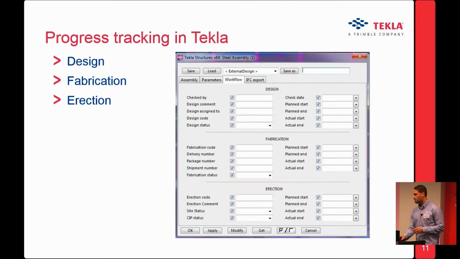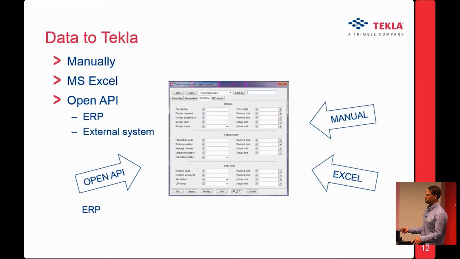And of course, how the data can be imported to Tekla, that's one thing. So there are a lot of questions. Of course, you can add this manually in the model. You can use an OpenERP interface, for example, some ERP systems or other softwares. Then we can use Excel.